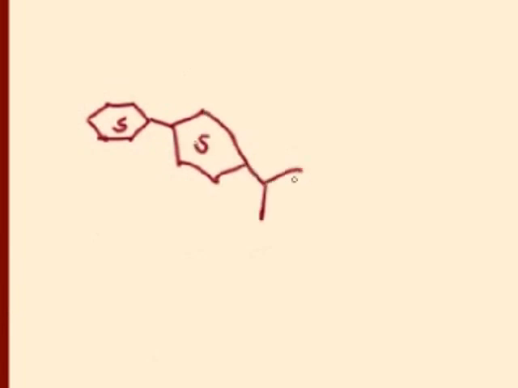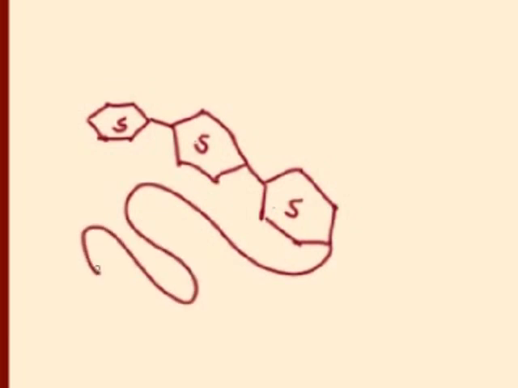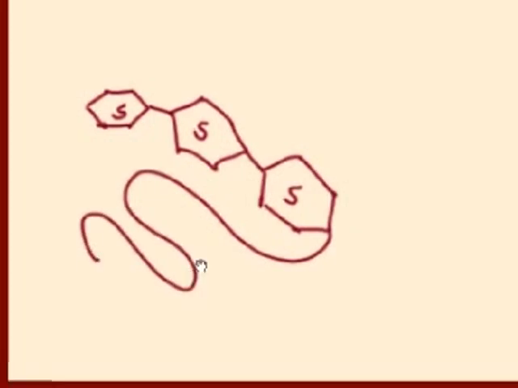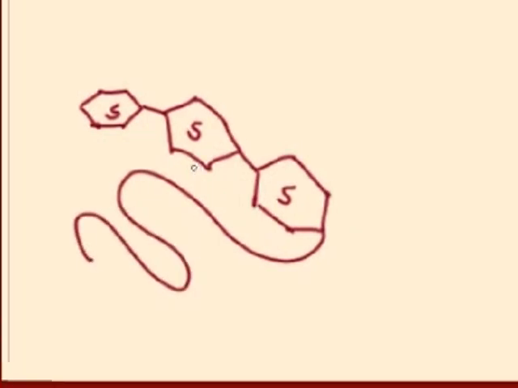And a lot of the sugars in the body, or the main sugar in the body, is a 6-sided structure. So I'm going to draw it like this, and then these sugars are linked to one another. And this is a long string of sugars. And so that long string of sugars is called a carbohydrate.